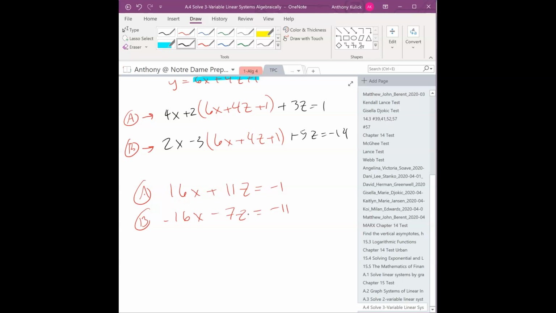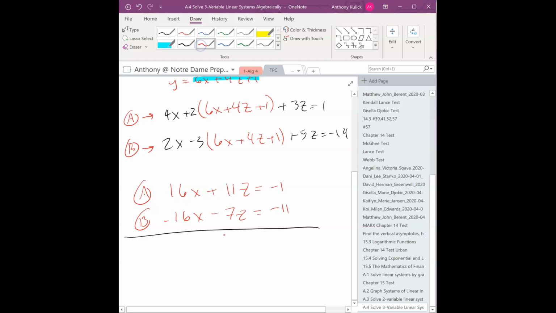But if I look at this equation, this is easy to do with elimination, right? Why would it be so easy to do with elimination? Well, because I already have matching coefficients, or opposite coefficients, I should say, on my x's. I have a 16x and then a negative 16x.